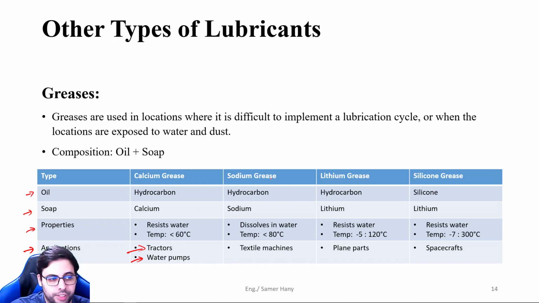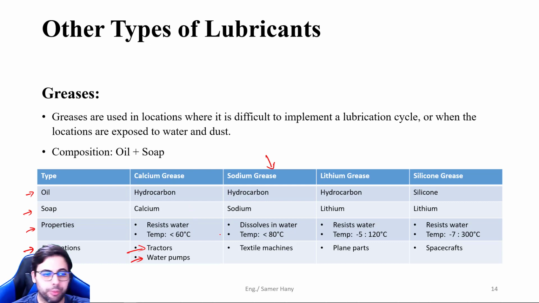Second, we can produce some sodium grease. Sodium grease is the same hydrocarbon oil with some sodium soap. This sodium grease dissolves in water, but it can withstand higher temperature, up to 80 degrees Celsius.